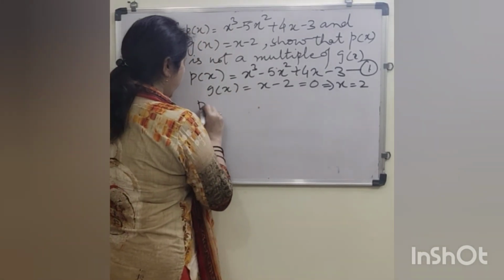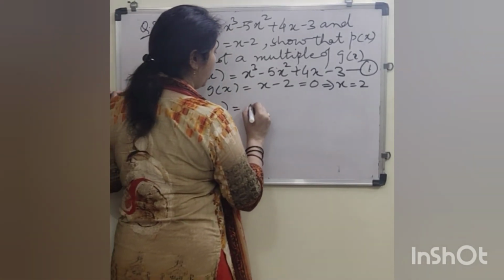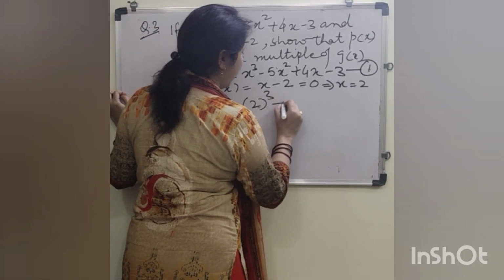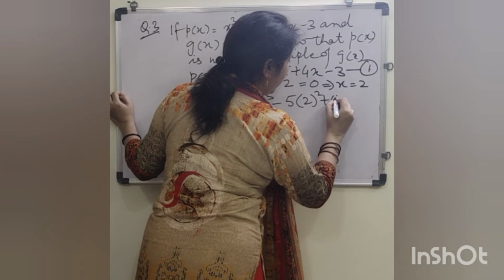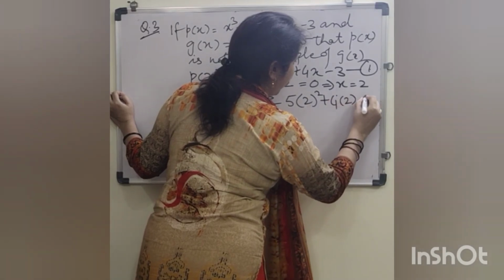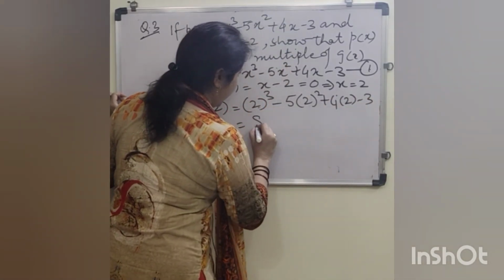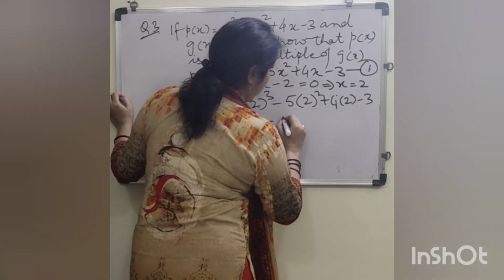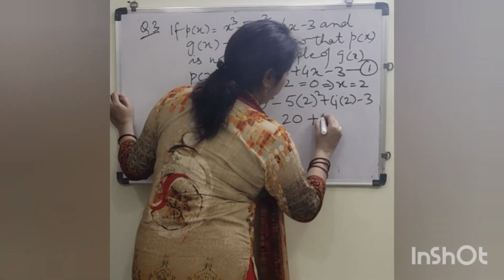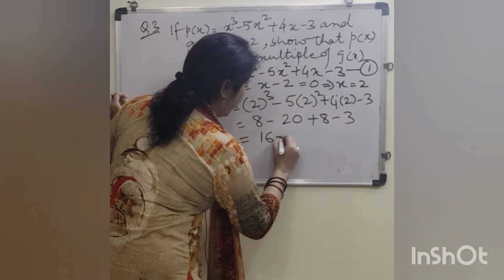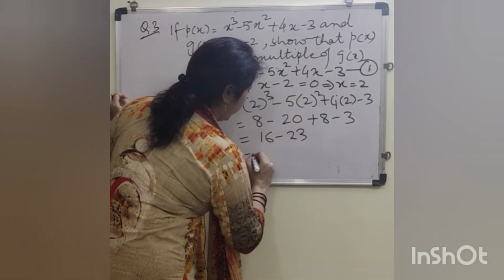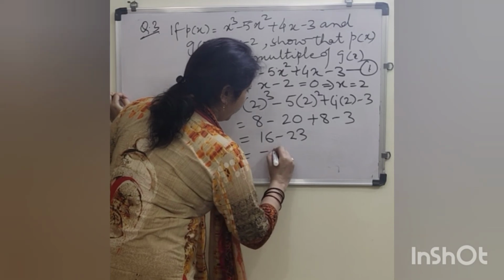You will get P(2) is equal to 2 cube minus 5 into 2 square plus 4 into 2 minus 3, that is 8 minus 20 plus 8 minus 3. 16 minus 23, that is minus 7.